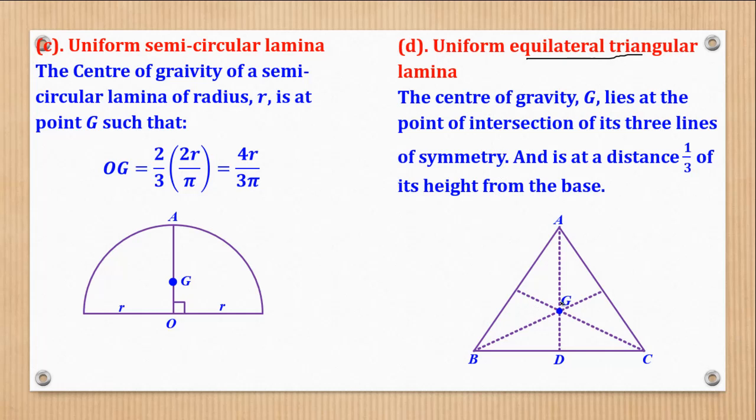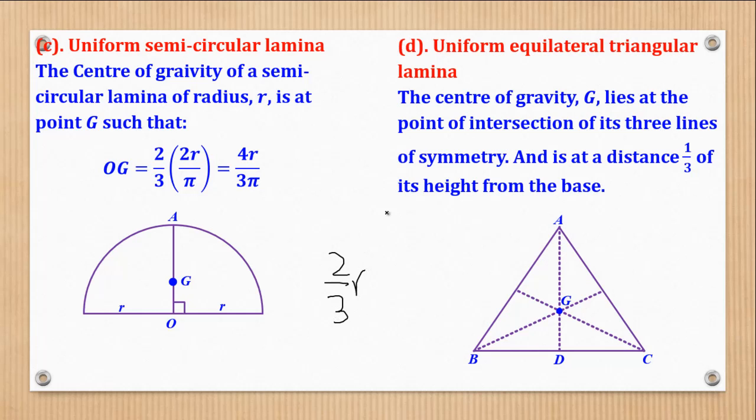Now, if you try to draw it accurately, you'll confirm that the distance from the base to here is a third of the whole of this length. And that is what we base on to come up with the position of the center of gravity for a triangle. So previously we said 2 over 3r.